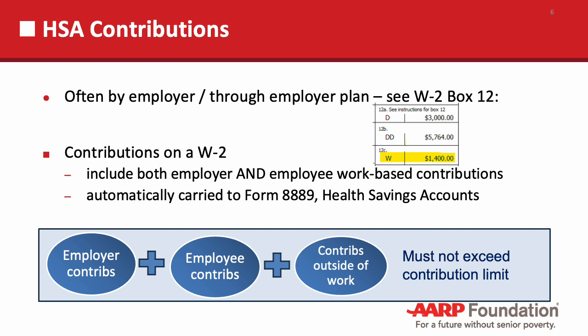So if an employee has what's called a cafeteria plan at work, those will be aggregated with the employer contributions and the total will be on the W-2. The contributions on a W-2 count towards the taxpayer's contribution limit for the year. So any contributions on a W-2 and contributions from outside of work must be added together to be sure the contribution limit is not exceeded.